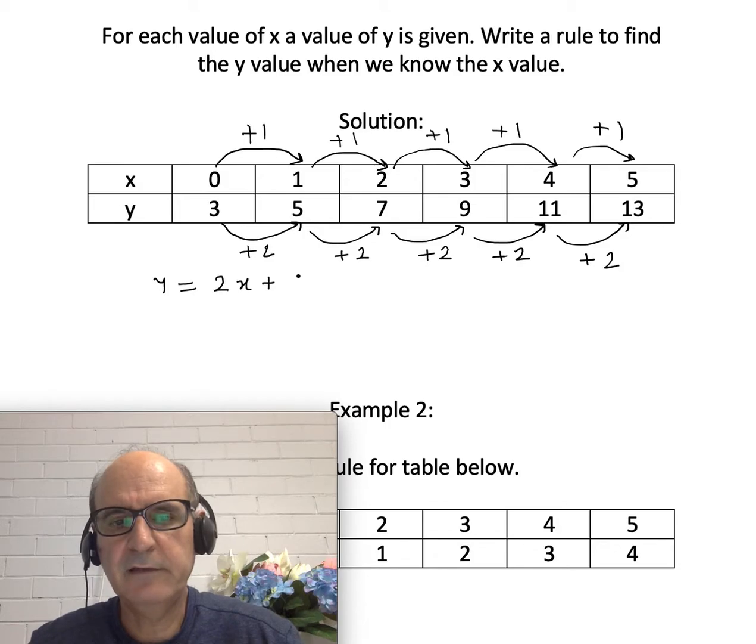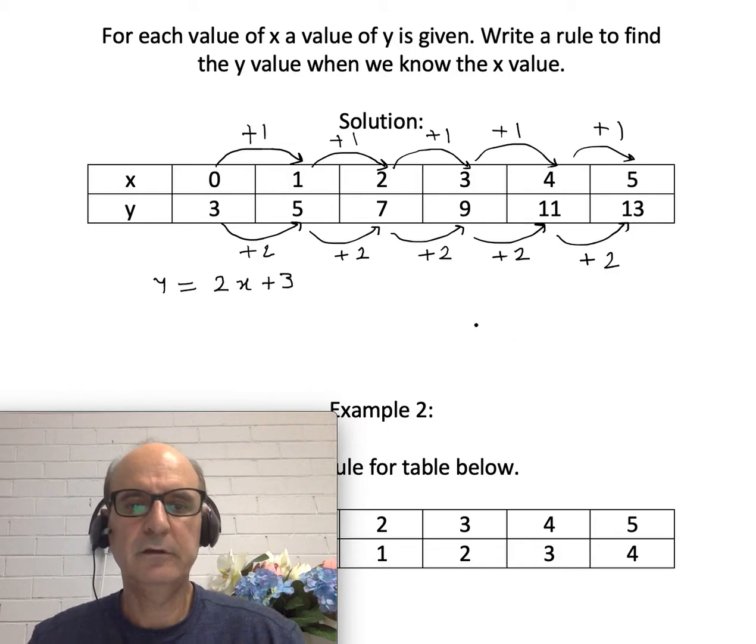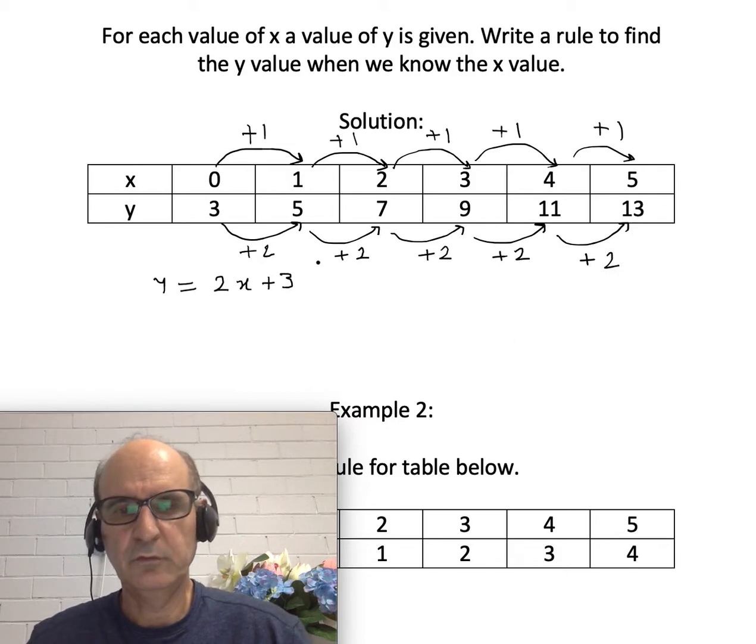What this value is going to be is going to be the same value that y is when x is 0. When x is 0, y is 3. So we put the value of 3 here. This is our rule.